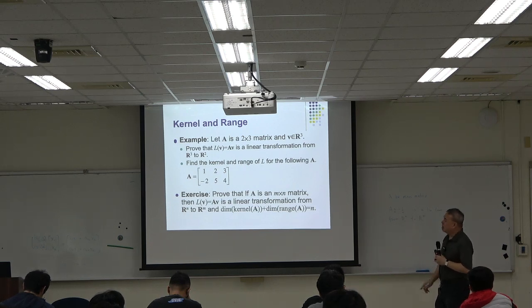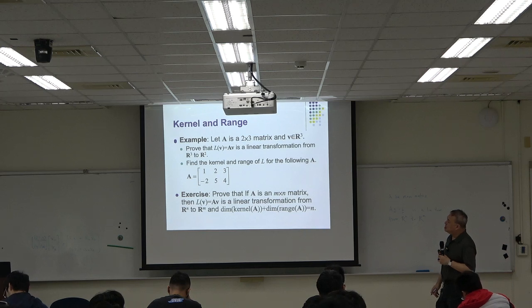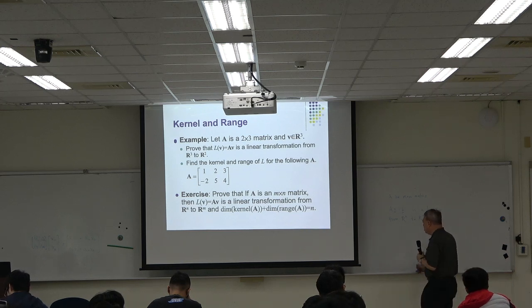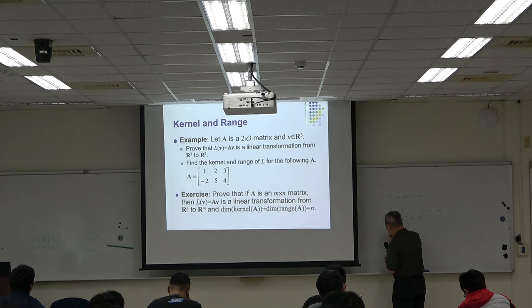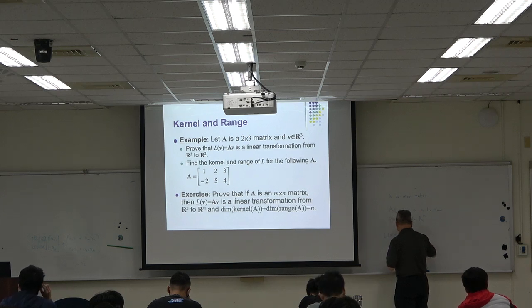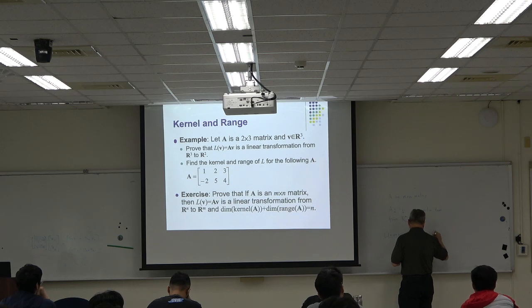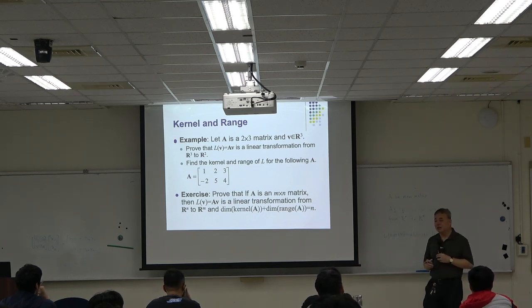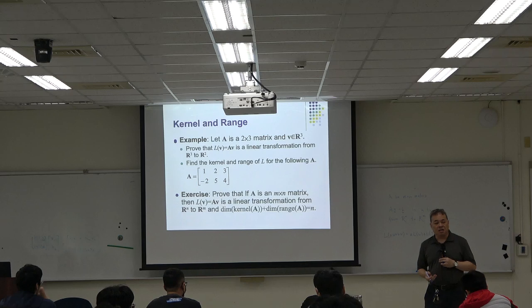So how do we show something is a linear transformation? We need to show L(aU plus bV) equals a L(U) plus b L(V), right? That's how we show something is a linear transformation.